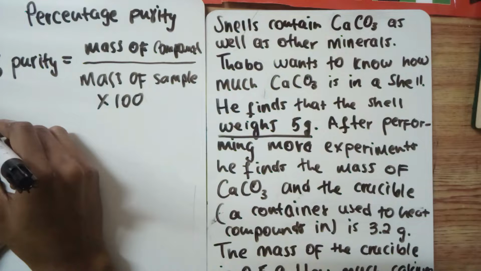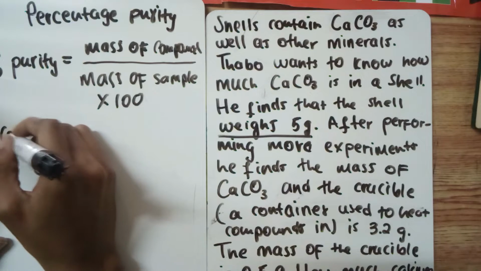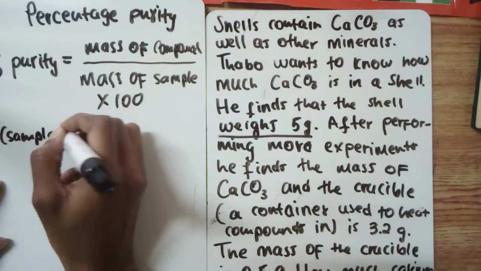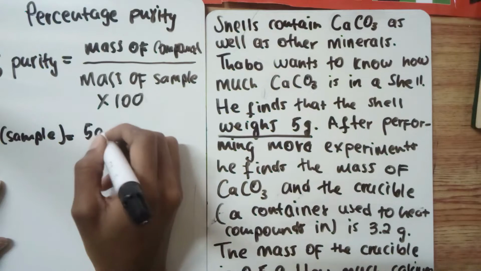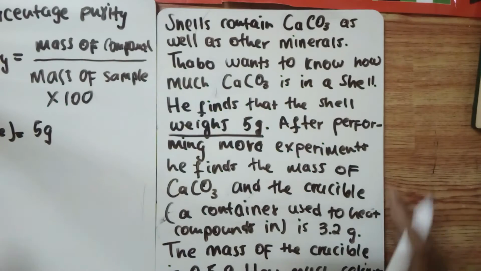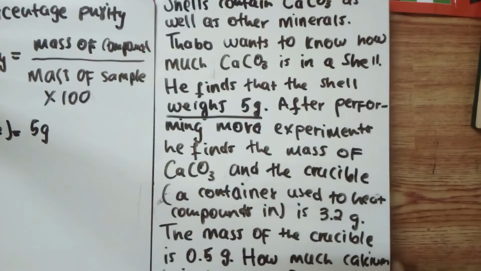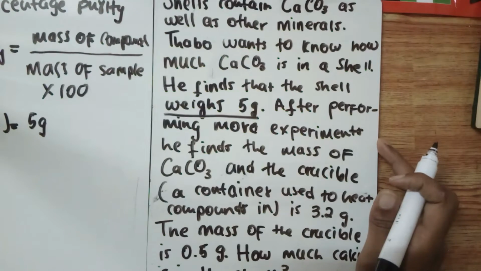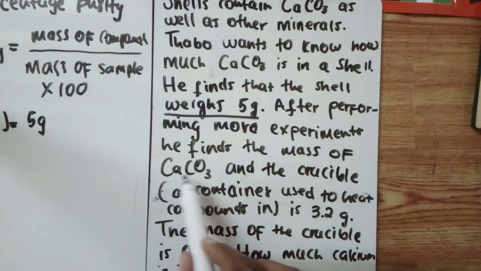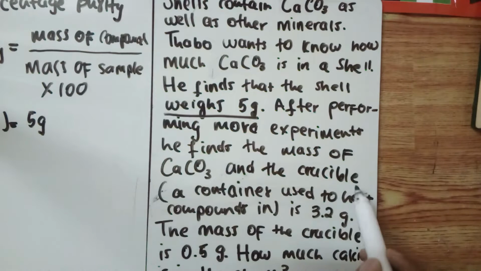So the mass of the sample is equal to 5 grams. Let us read further. Now he performs a number of experiments. After performing those experiments, he finds that the mass of the calcium carbonate plus the crucible is 3.2 grams.